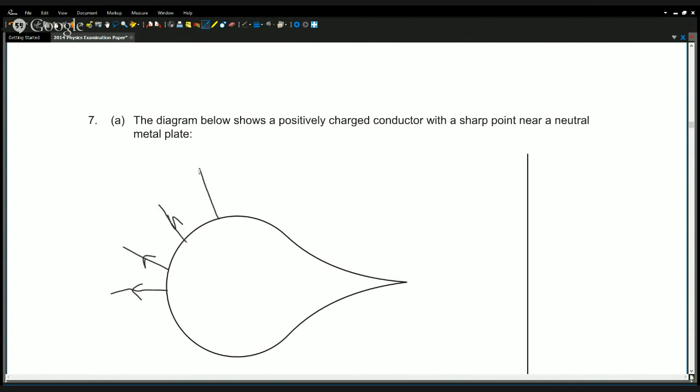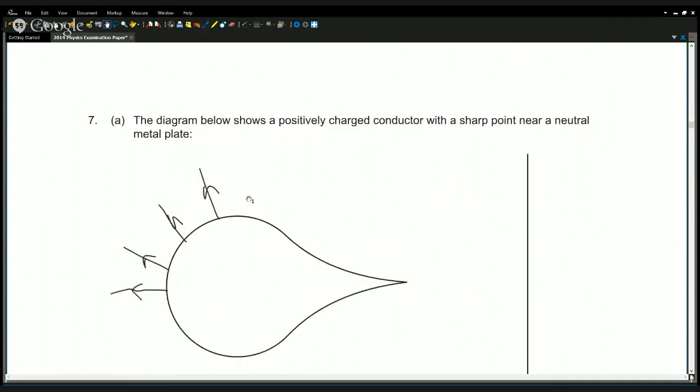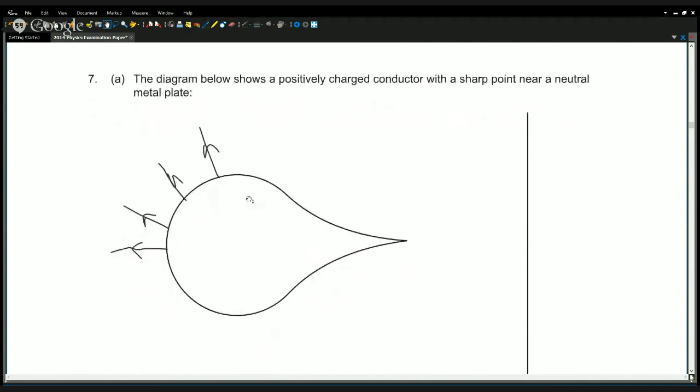But remember, I didn't do that one too well. Actually, let's redo that one. Charges meet the conducting surface at right angles.